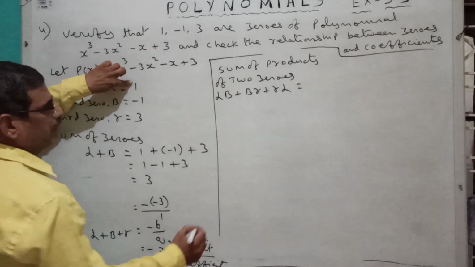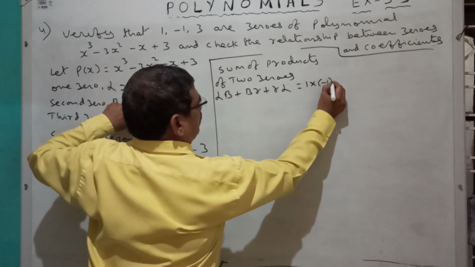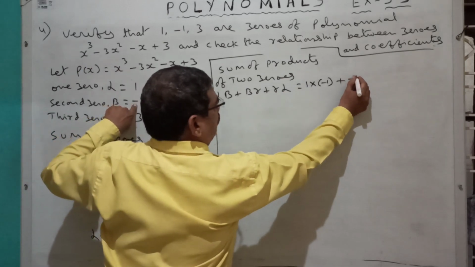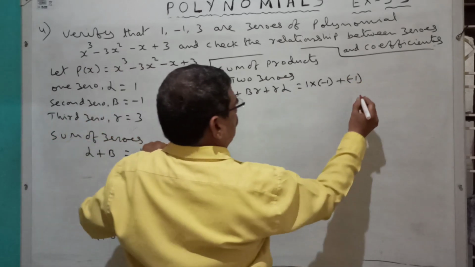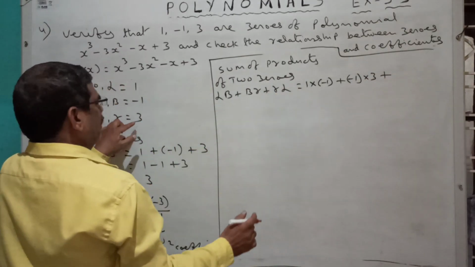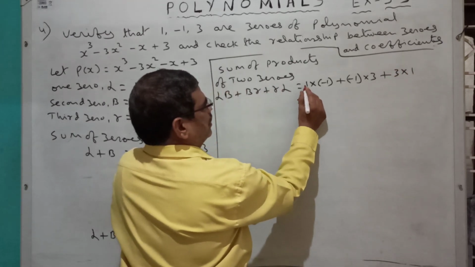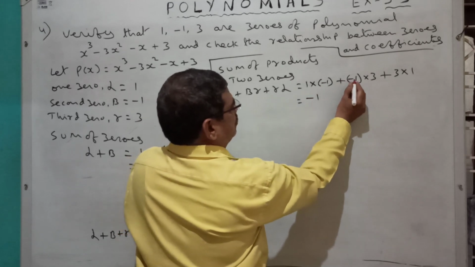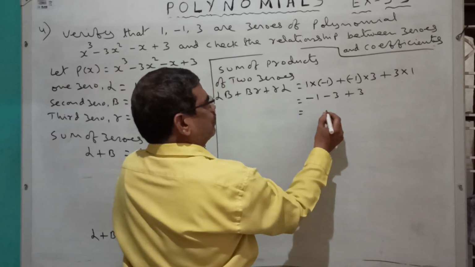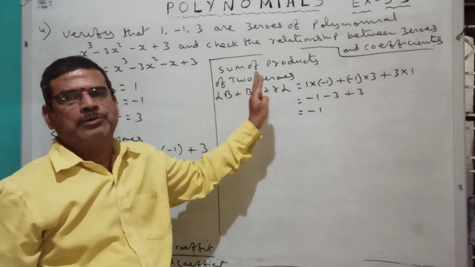What is the value of alpha? 1. 1 into beta value minus 1, plus beta value minus 1 into gamma value 3, plus gamma into alpha, gamma value 3, alpha value 1. So that is equal to plus into minus 1, plus into minus 3, plus 3 ones are 3. So minus 3 plus 3 will get cancelled, minus 1. So this is the sum of the products of zeros.